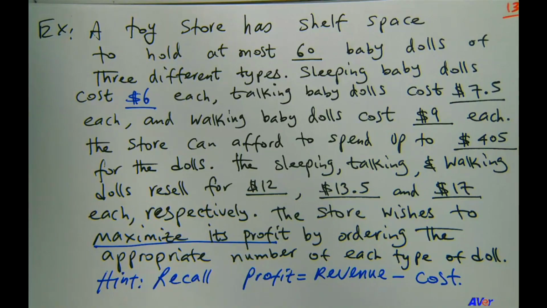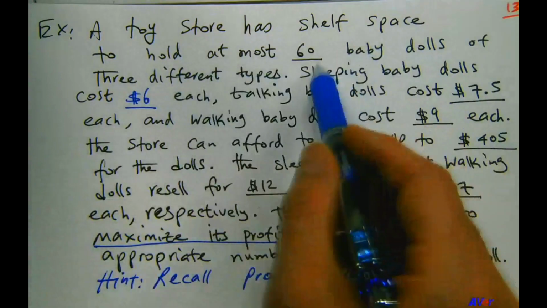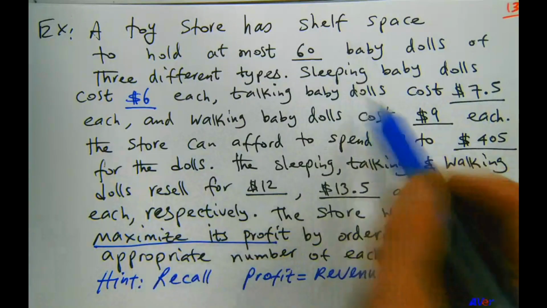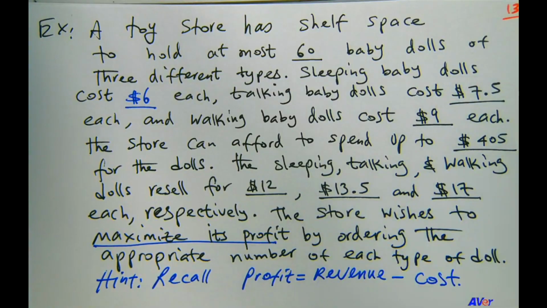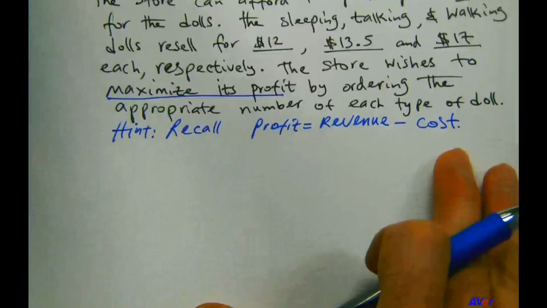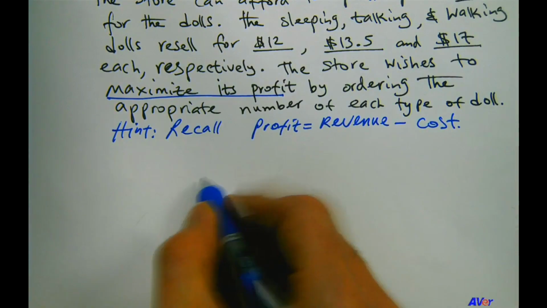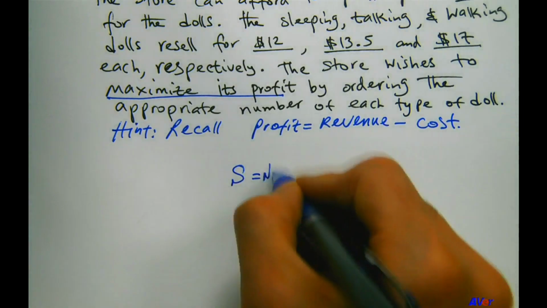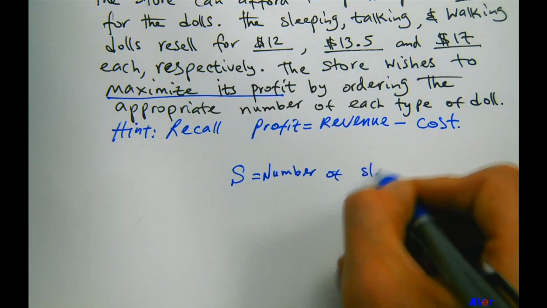In other words, I'm going to read it again: a toy store has shelf space to hold at most 60 baby dolls of 3 different types. Sleeping baby dolls. So I'm going to call the sleeping baby dolls S. So let me write that down here. And I'll scroll back up again so we can read the problem. S is number of sleeping dolls.